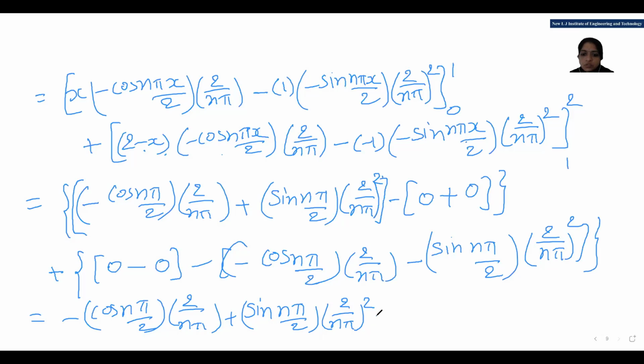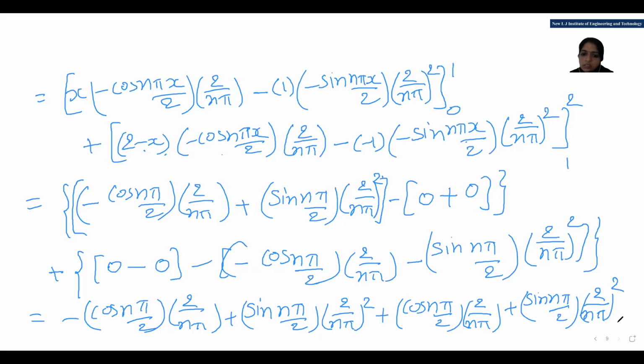Minus minus plus, so plus cos n pi by 2 into 2 upon n pi, and the last step is again 1 minus minus plus, so plus sine n pi by 2 into 2 upon n pi whole square, right? So both first and third terms will be cancelled out, and second and fourth are the same.